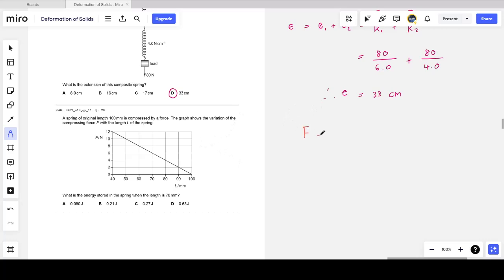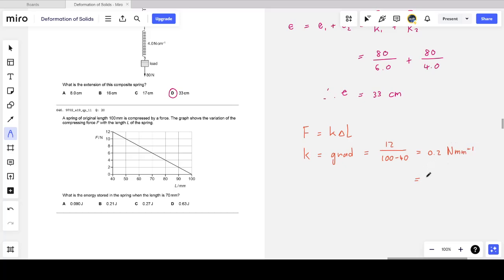What I know is that the force is the force constant K times the extension delta L. Meaning that if I draw a graph of force against length, the force constant is going to be the gradient of the graph. Always is the gradient of the graph. And I'm going to find the gradient in newtons per millimeter, then convert it to newtons per meter. So the gradient of the graph is 12 divided by 100 minus 40, which is 0.2 newtons per millimeter.